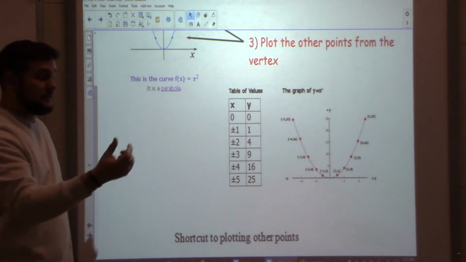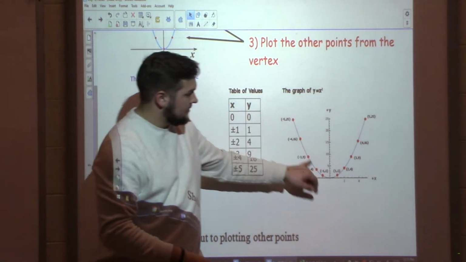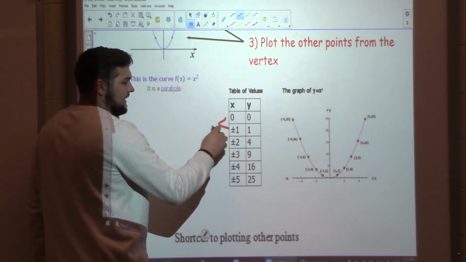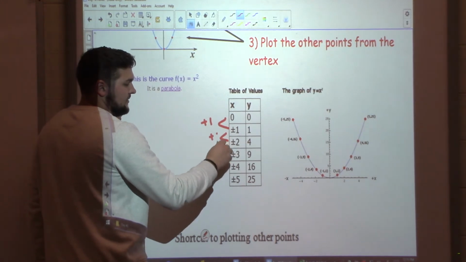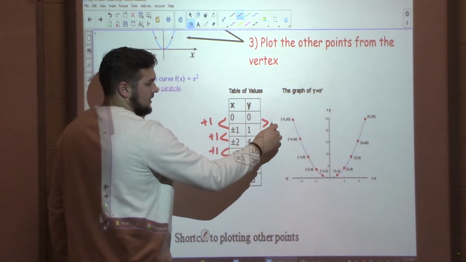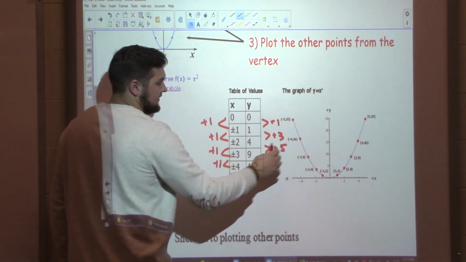Negative 1, 1. Everything like that. It's just squaring the number I plug in. It's a parabola. Now, what happens is, as I go up by 1 for x, every time, my values change.